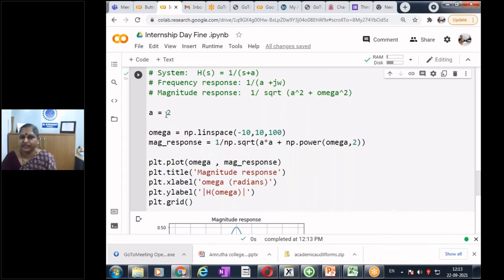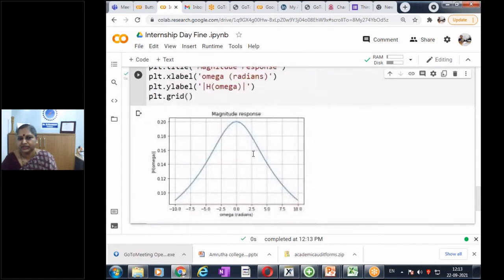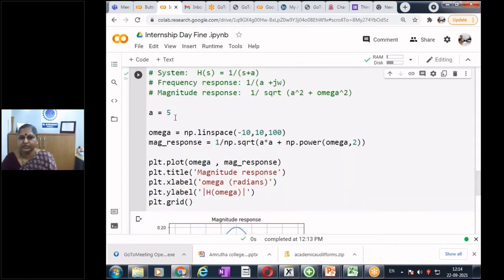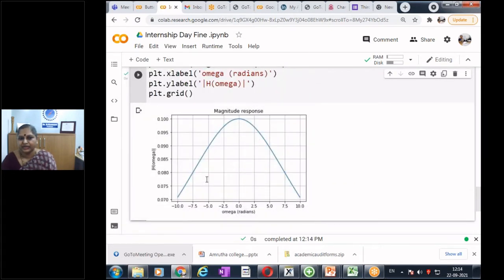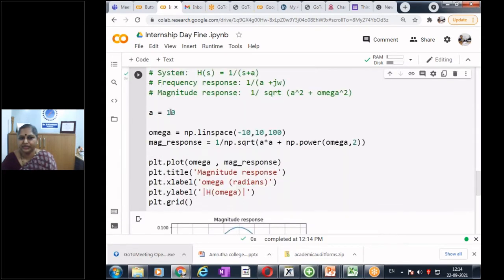Run it for A equal to 5 and see what happens. Put A equal to 10 and see what happens. Then put A equal to 0.3 and see what happens.